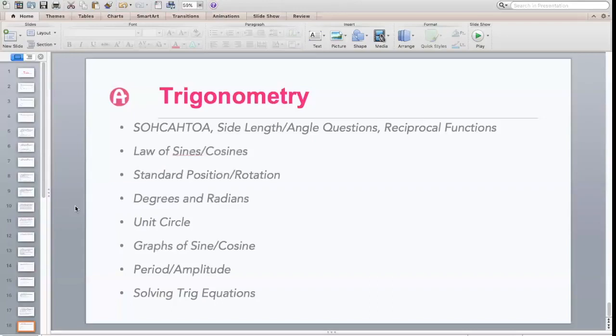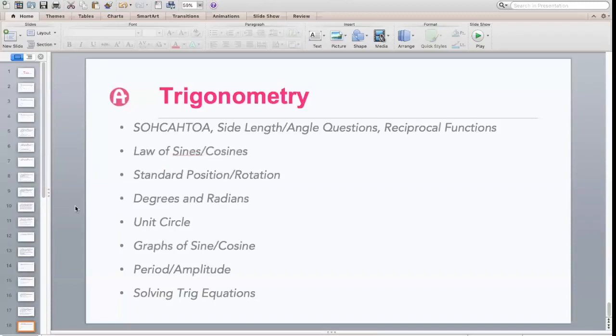A mnemonic that's helpful with a lot of these questions is "All Students Take Calculus." A is the first quadrant, which means that all three primary functions, sine, cosine, and tangent, are positive in the first quadrant. Students is the second quadrant, which means that sine is the only one that's positive in quadrant 2.